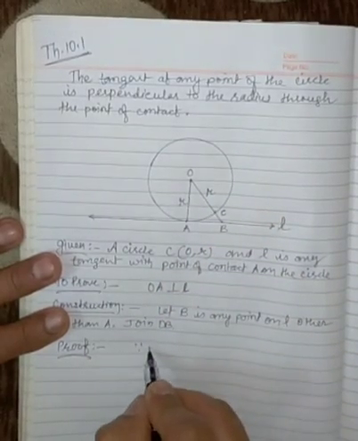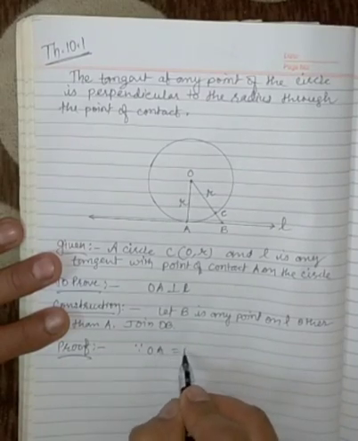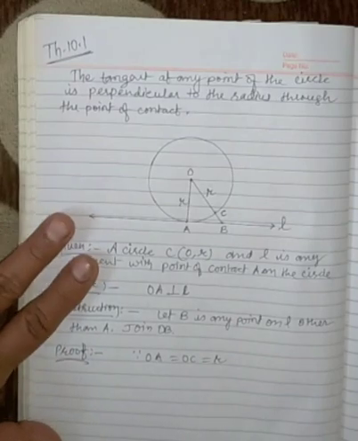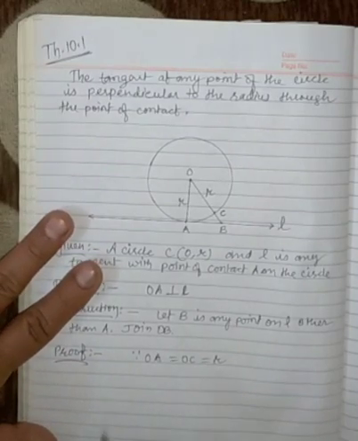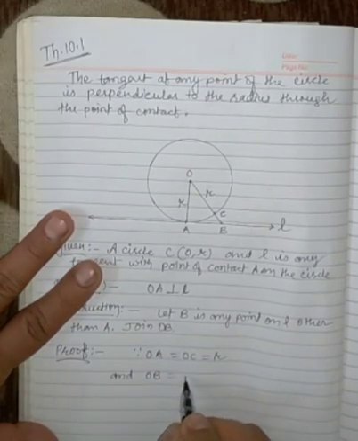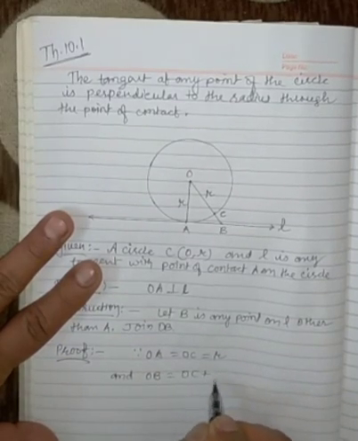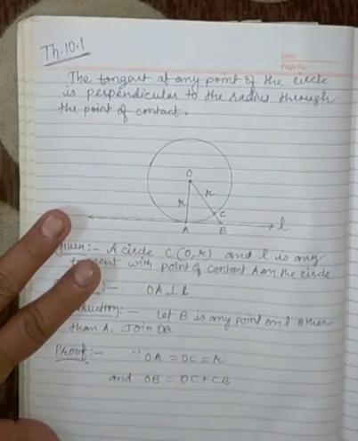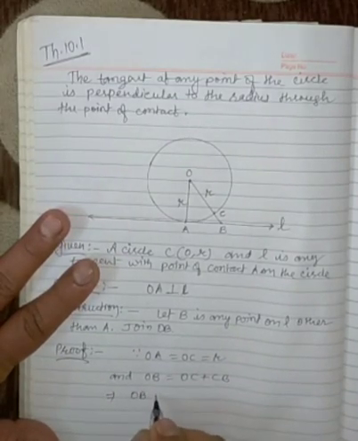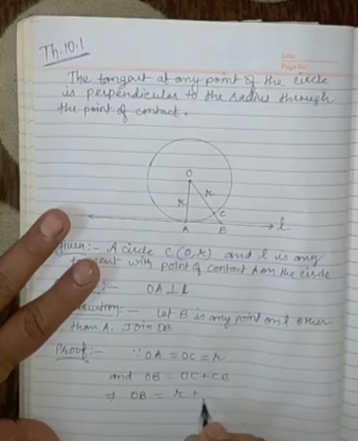Since OA is equal to OC, both are radius R. And as we know that OB is equal to OC plus CB, this means that OB is equal to R plus CB.